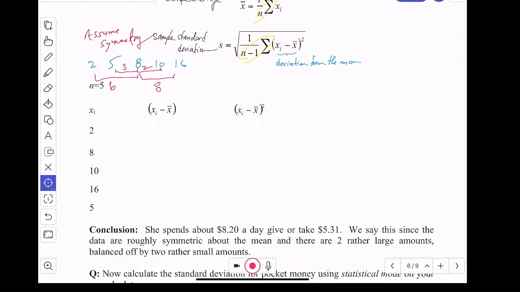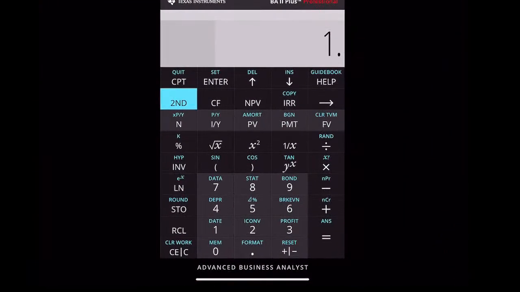To get the average, we use our calculator in stat mode. Depending on what calculator you have, I'm going to use my TI BA II Plus. In this calculator, there's a key. I already have information in there.